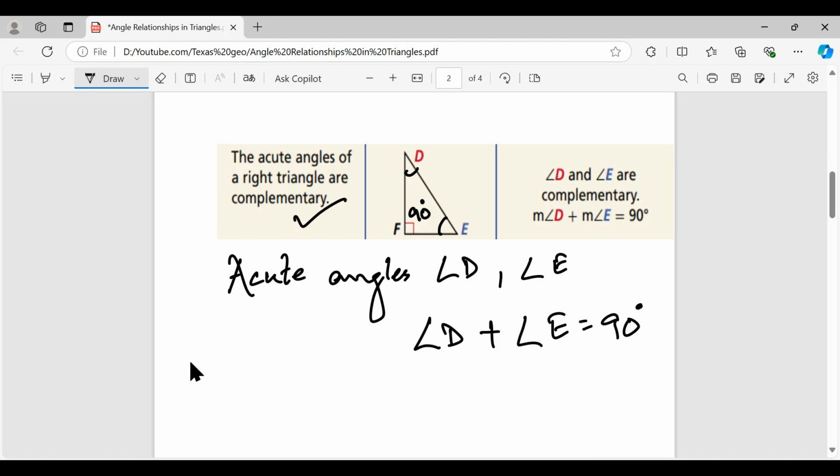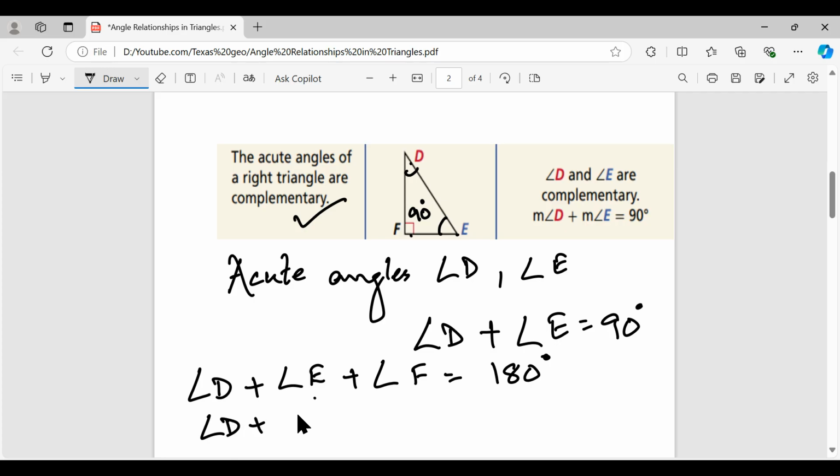So as per the previous rule, angle sum theorem, sum of the measure of all interior angles is 180 degree. So angle D plus angle E plus angle F equals 180 degree, and then angle D is not known, angle E is not known, but angle F is known.